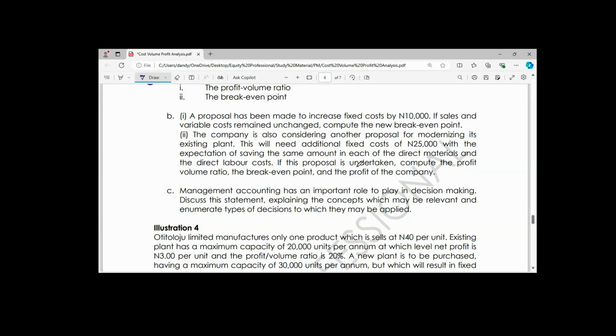Then the last, C, management accounting has an important role to play in decision-making. Discuss this statement, explaining the concepts which may be relevant and enumerate types of decisions to which they may be applied. Thank you very much, Wura.